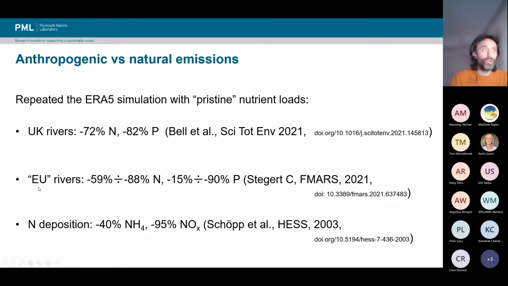For continental Europe, we used this other paper that has done a similar study to the one we are doing here, and this is the source for the nitrogen deposition. In any case, this is a very small source of nitrogen for the marine environment in this area.